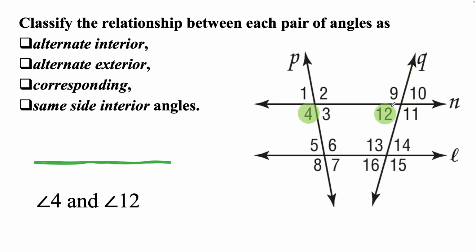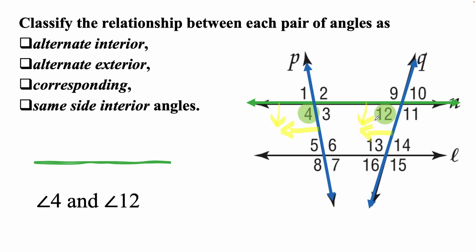4 and 12, we're going to find the transversal that connects them, the 2 lines that finish off the angles, and then figure out what their relationship is going to be. 4 is to the left of the blue line and below the transversal. 12 is also to the left of the blue line and below the transversal.